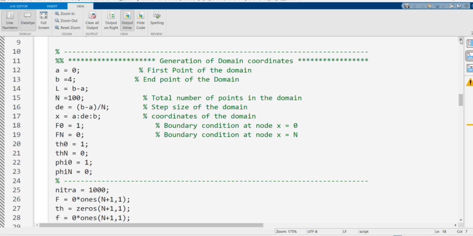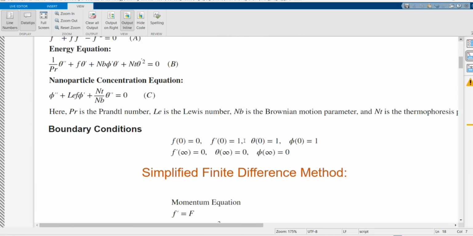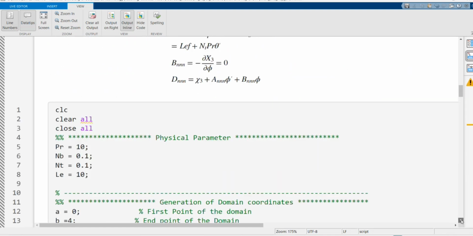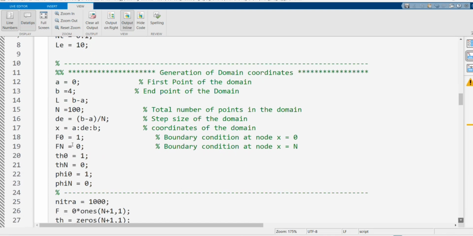Here you can see why there is a capital F: in the boundary condition, f dash is equal to 1, and we are calling that f dash equal to capital F. So capital F will be equal to 1, and in most papers f0 is equal to 1. When there is a change, we will change it in future.